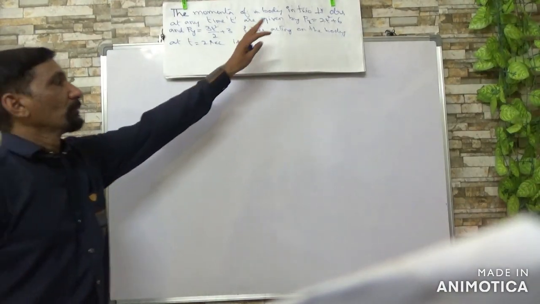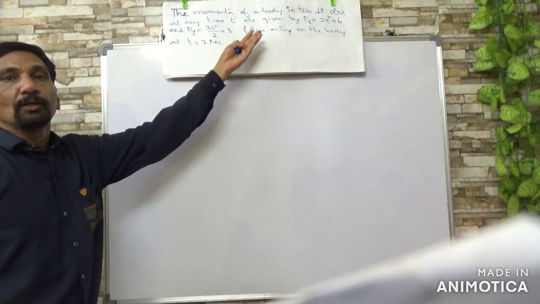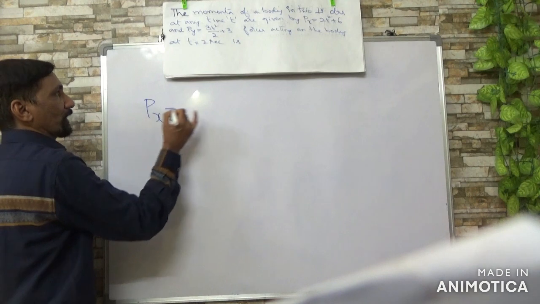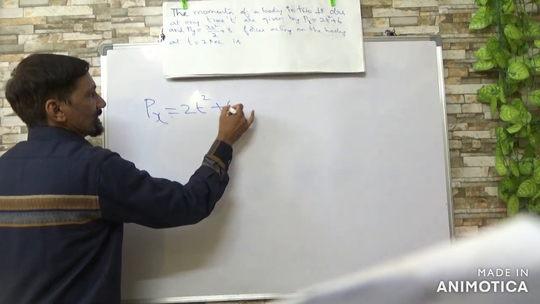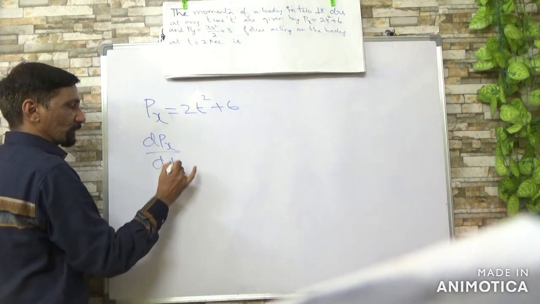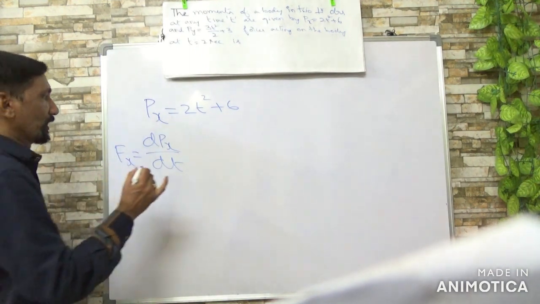Now the momentum of a body in the x direction and y direction is given, and you want to find the force. The momentum of the body in the x direction is given as 2t square plus 6. Whenever you differentiate with respect to time, you get force in the x direction.